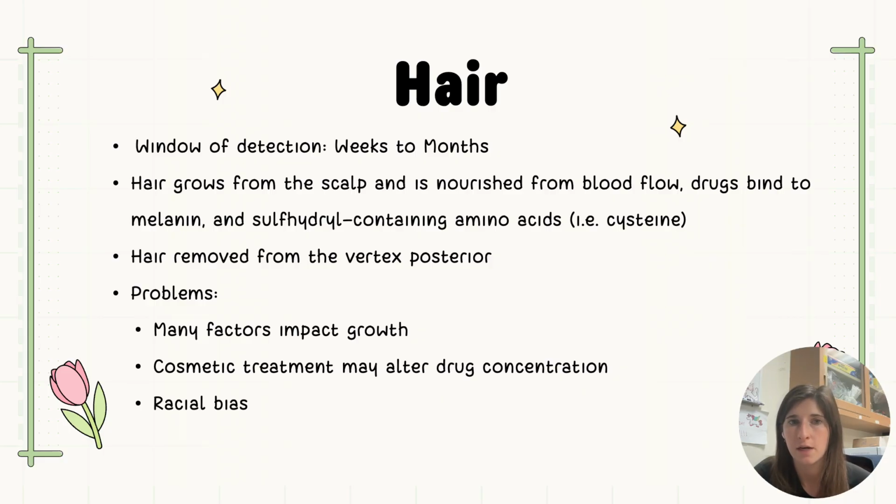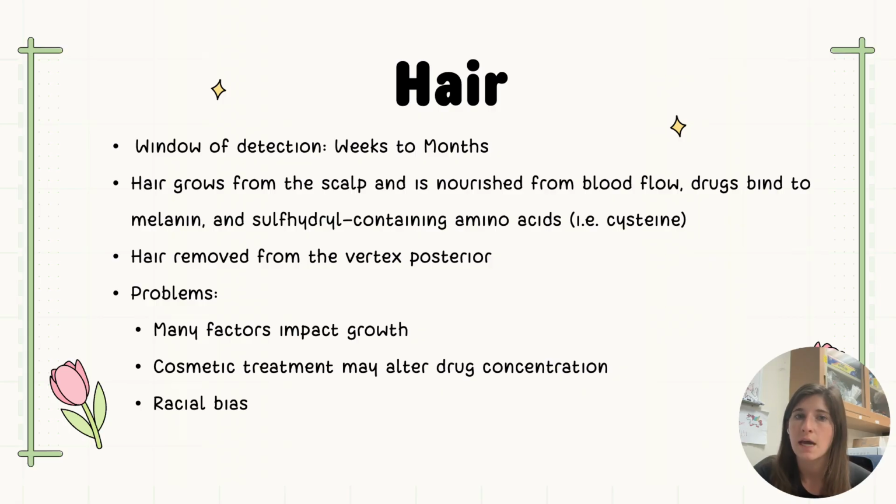So the first phase of hair growth is the anagen phase, and at this point, the follicle is actively producing hair, and this takes about 4 to 8 years for head hair and about less than a year for non-head hair, with a growth rate of about 0.6 to 1.42 centimeters per month, depending on the hair type and anatomical location. So usually we're talking about hair that's coming from the head, but there's also pubic hair that could be tested, body hair, leg hair, arm hair, stuff like that.